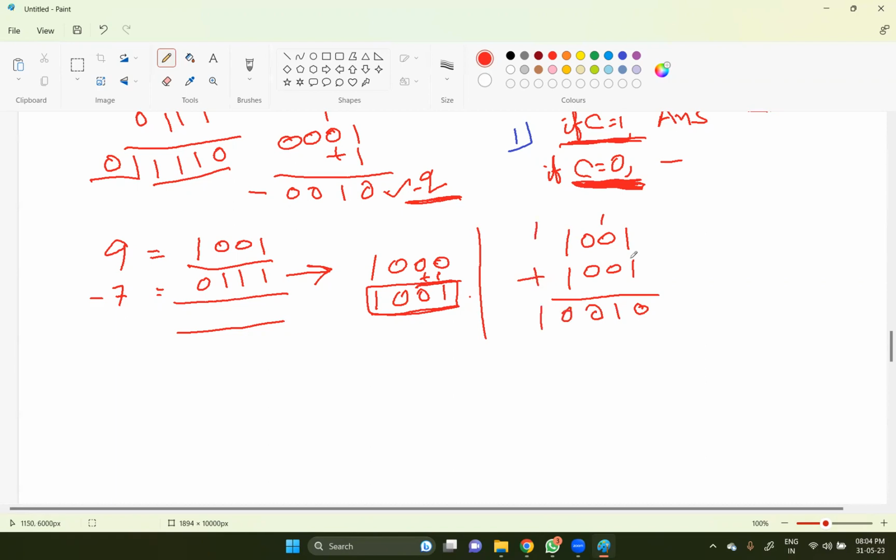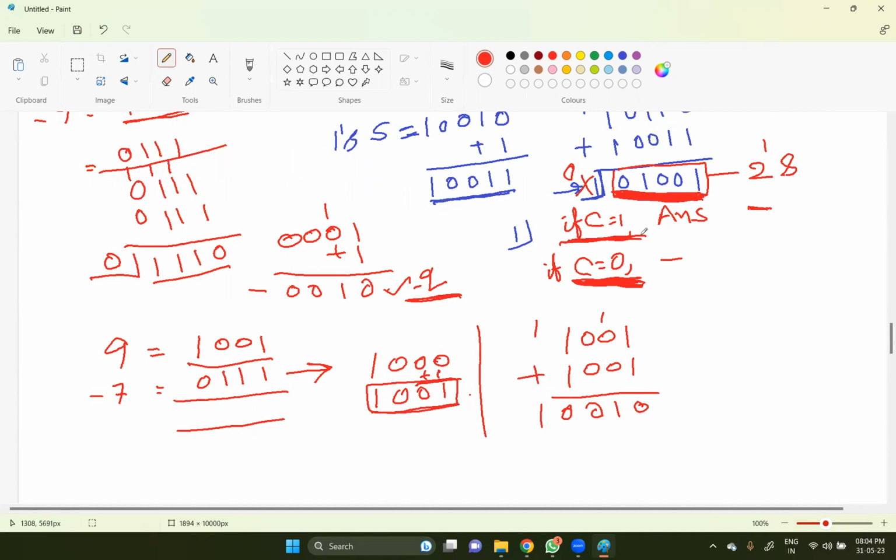What I have told you: if carry will be equal to 1, omit this carry, don't consider it, and the remaining thing will be the final answer. So positive 2 is the answer here. I hope that you got clear.